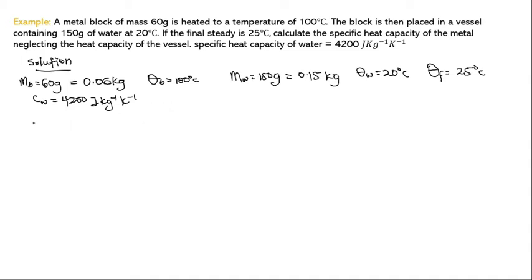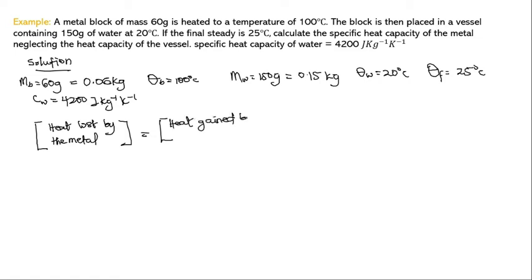So what it means is the heat lost by the metal is equal to the sum of the heat gained by the vessel and the heat gained by water.